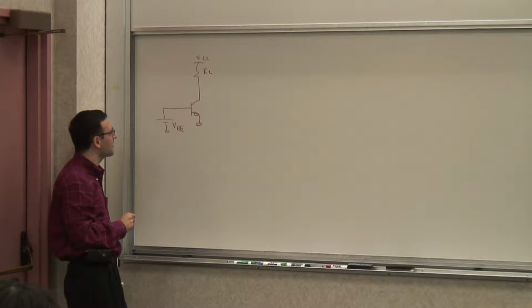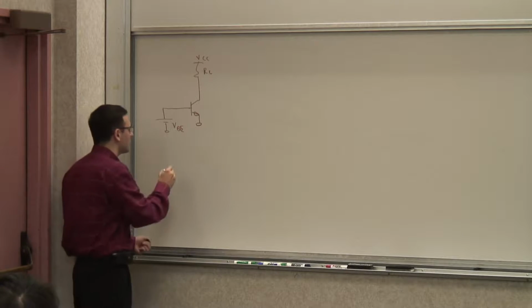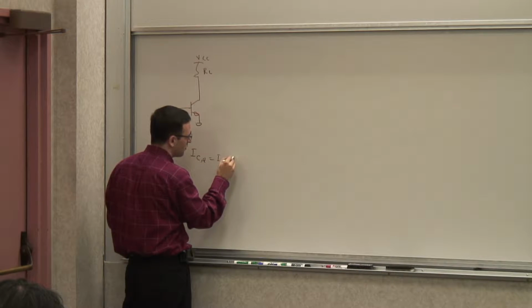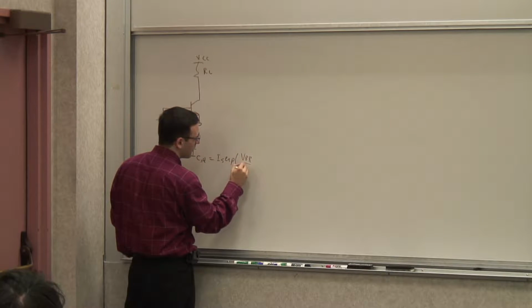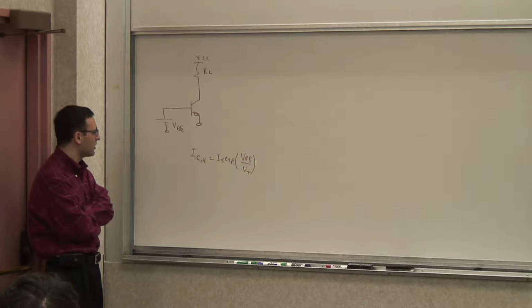If I do bias a circuit like this, what are the advantages and disadvantages? So what is the collector current in this case? Collector current basically, ICQ, is going to be IS e^(VBE/VT). Now, what are the things that can change here?